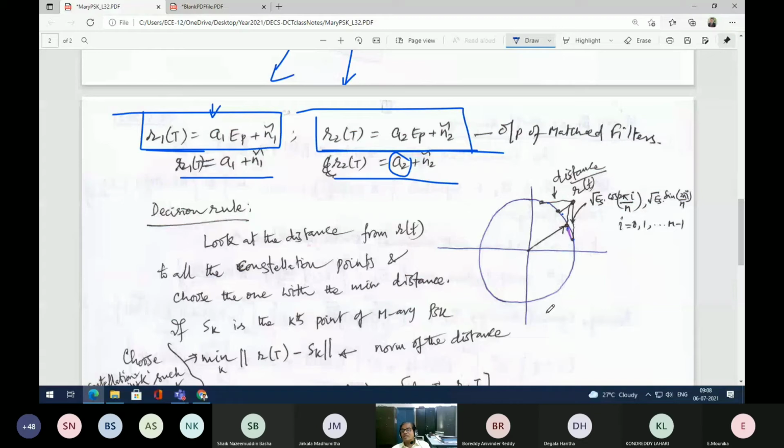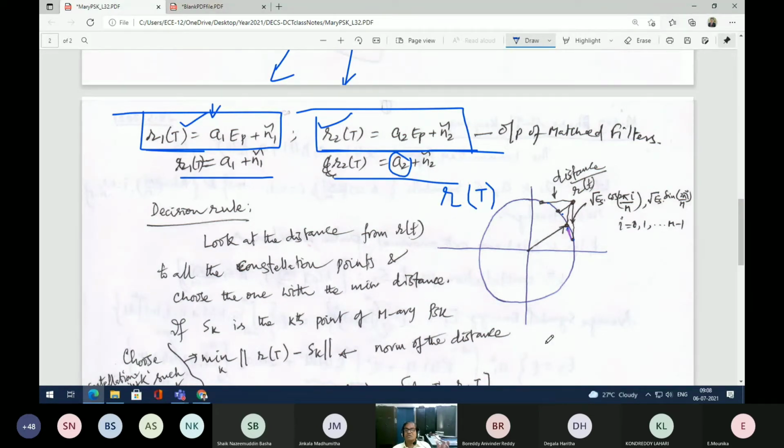Now, if R of t is received, what is R of t? It is a combination of R1 of t and R2 of t, because I have two matched filter outputs, and I represent them as a row or column vector.